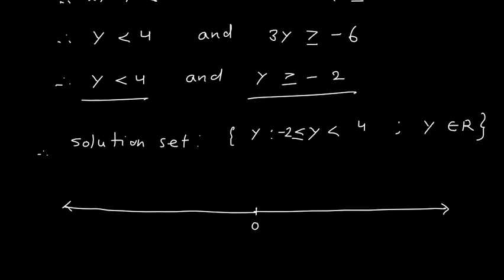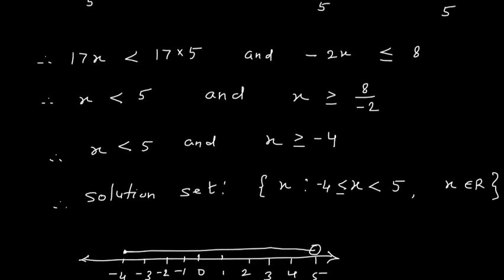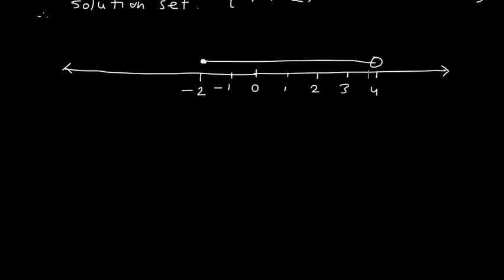Here we have 0, minus 1, minus 2. On right side we have 1, 2, 3, 4. It is greater than or equal to minus 2, so a filled circle, and less than 4, so an open circle. So there is no difference between question number 31 and question number 32.